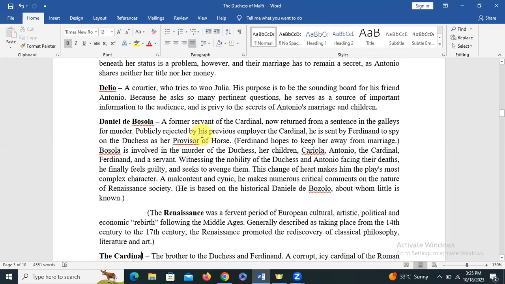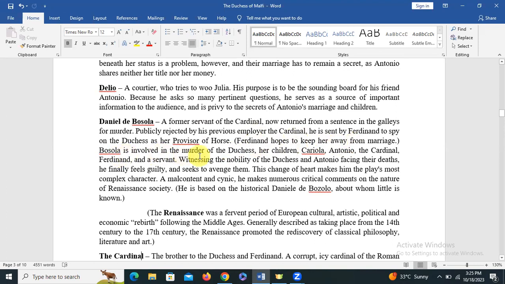He wasn't serving them publicly, but in reality they hired him again. Ferdinand gave him the task to spy on the Duchess as her provider of horse. He was taking care of the horse of the Duchess. So Ferdinand hopes to keep her away from marriage.